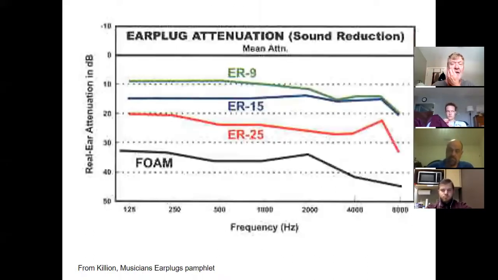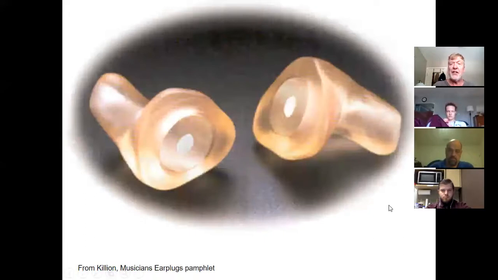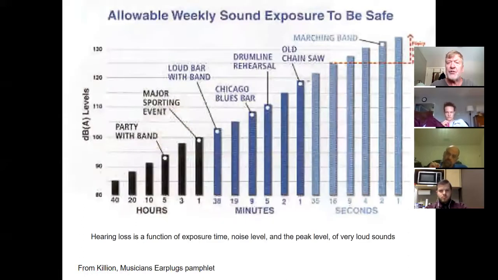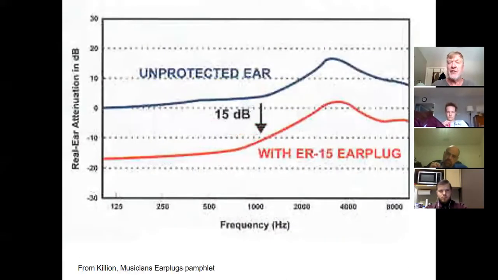But here's something interesting. There's a set of earplugs like this called musicians' earplugs. Now, musicians' earplugs are really interesting because they attenuate, but they preserve the natural resonance of the outer ear. Now, if you look at this blue line here, and we've encountered this in our anatomy in 120.